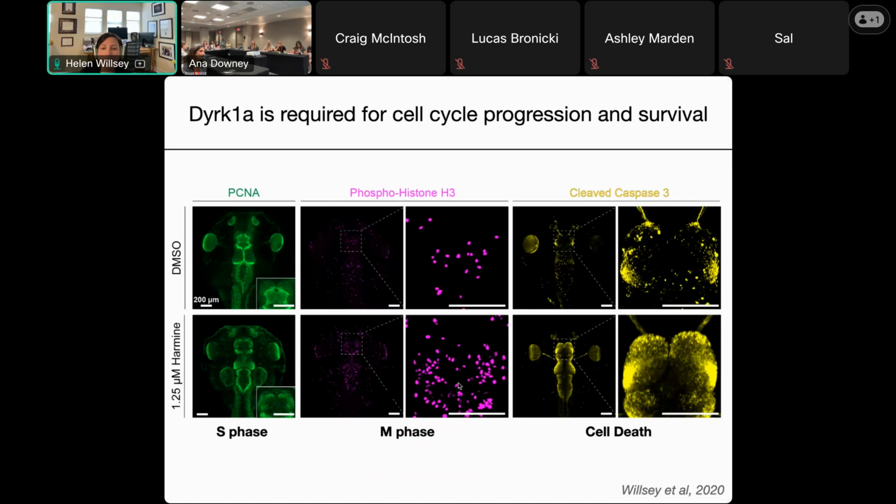So they're getting stuck during that phase, and then it's leading to pretty massive cell death throughout the brain during development. So this led us to the conclusion that, during brain development, DYRK1A is required for proper cell cycle progression, the actual dividing of chromosomes during mitosis, and then ultimately survival of these neurons through brain development.